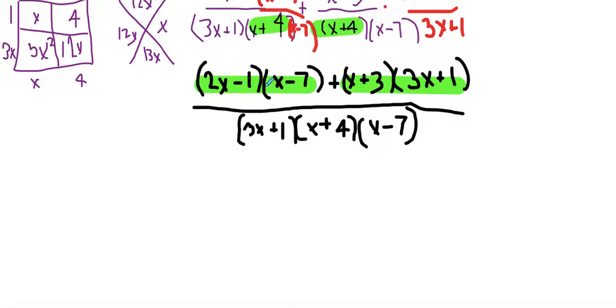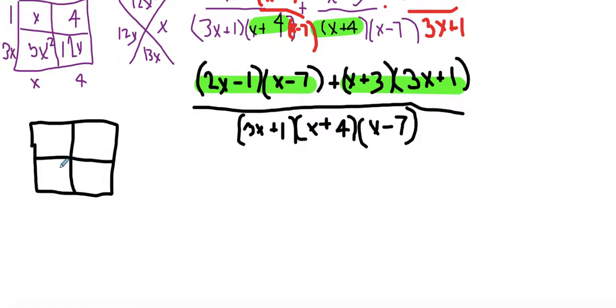So when I take 2x minus 1 times x minus 7, we would box and diamond that, or FOIL if you're a FOIL. Let's get this 2x squared.